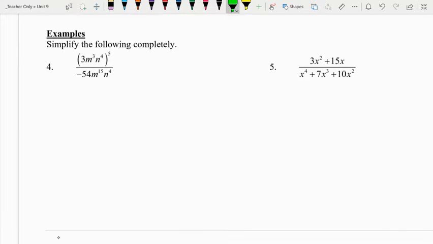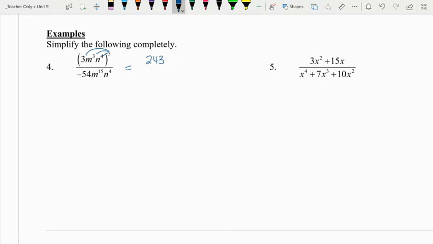So this should feel pretty familiar because we keep coming back to it, right? If we have something like the numerator that we have here, okay, we have something raised to a power, a monomial raised to a power. That means that we're going to take our exponent and distribute it as an exponent to all of the numbers and letters inside. So 3 to the 5th actually turns out to be 243.